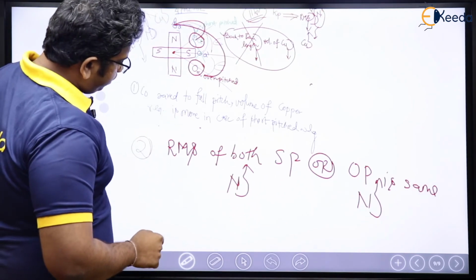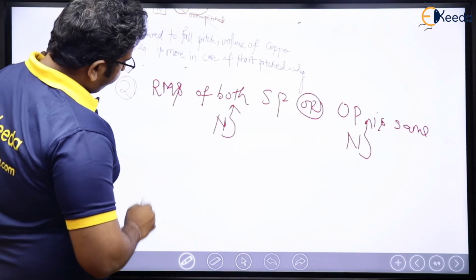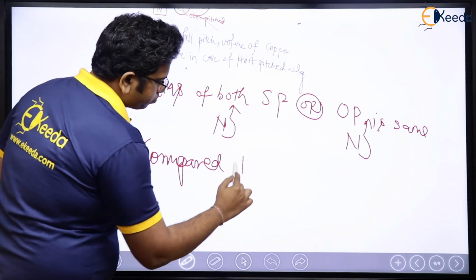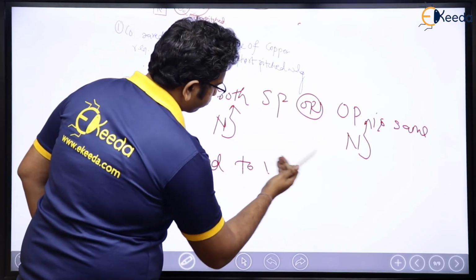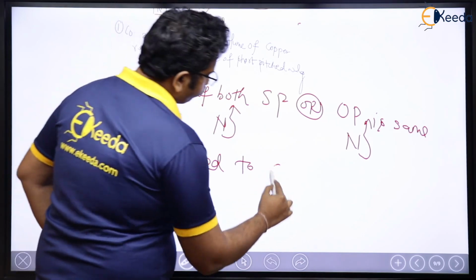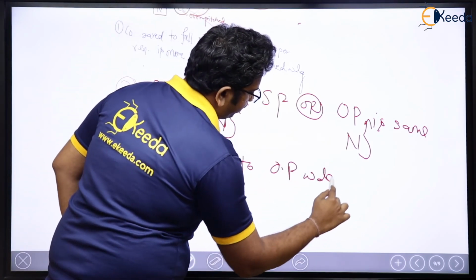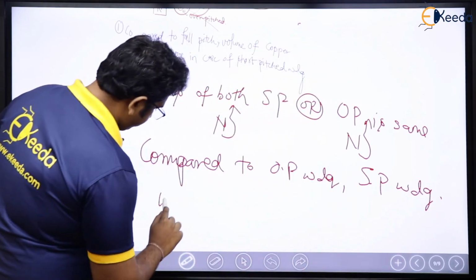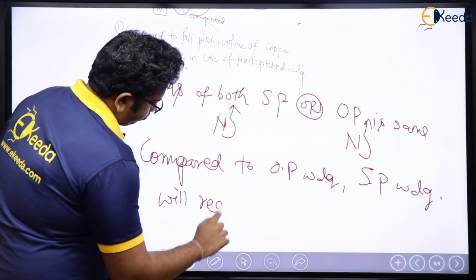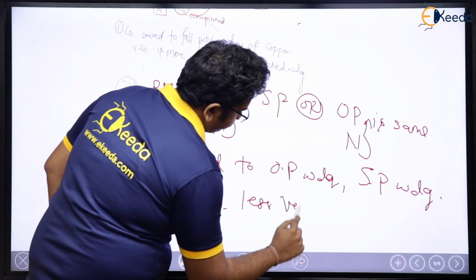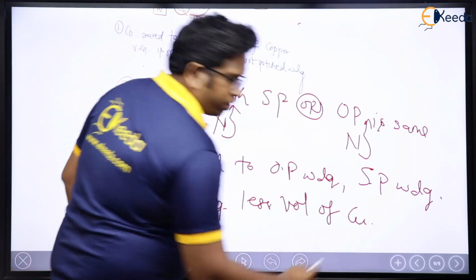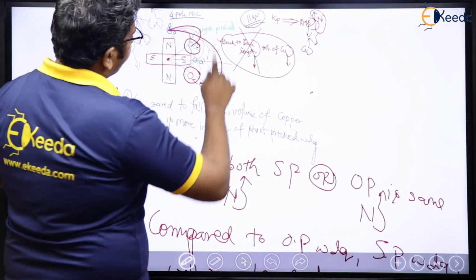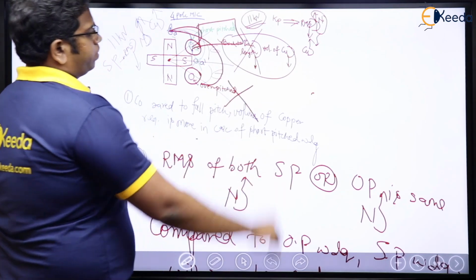So that is the reason, compared to over pitched winding, short pitched winding will require less volume of copper. This is the reason in practical cases we only use short pitch, we never use over pitch.